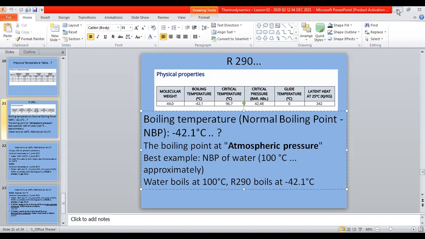I hope you can understand the importance of boiling point. So we have to keep it pressurized.